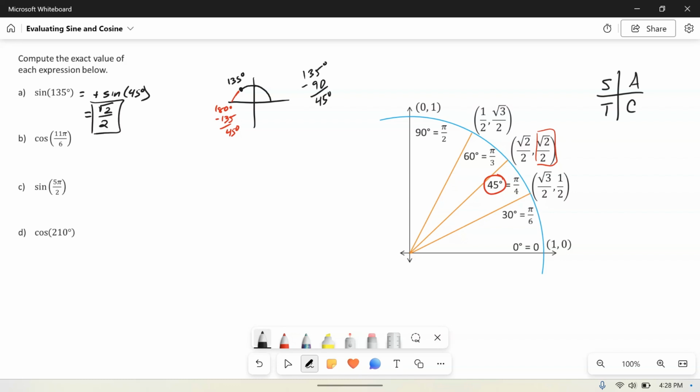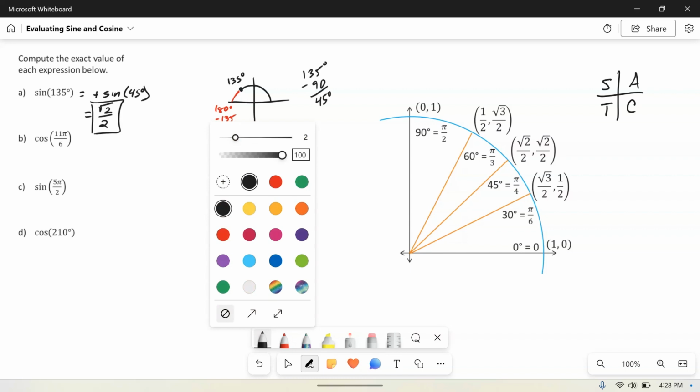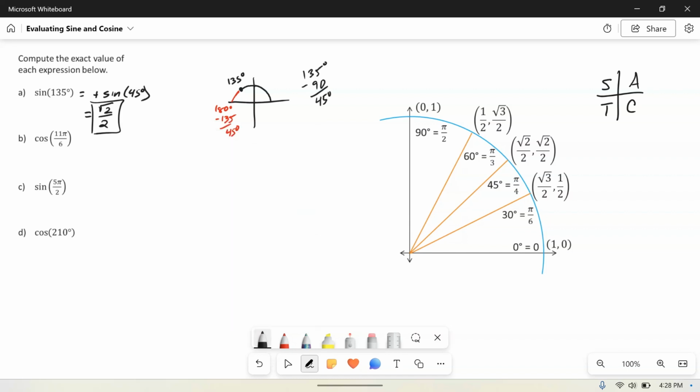Okay, next we need to compute the cosine of 11 pi over 6. Again, the process here is I need to figure out where 11 pi over 6 is located. And we talked about counting around the unit circle earlier in a previous video. But to do that, again, we'll draw a little picture here. We have to divide the top half of the circle into sixths, and we have to divide the bottom half into sixths.